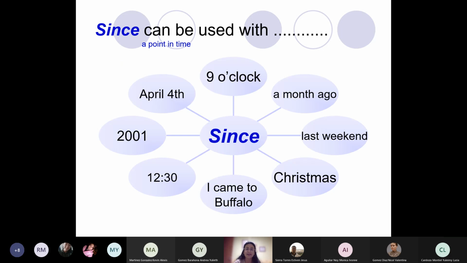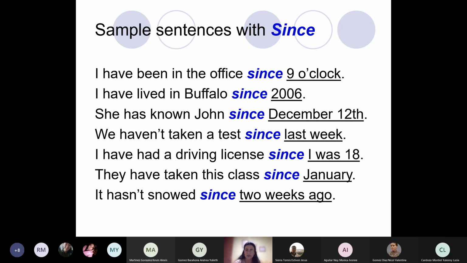For example, since 9 o'clock, since a month ago, since last weekend, since Christmas, since I came to Buffalo, since 12:30, since 1 p.m., since 2001, since April 4th. And here you have these examples that illustrate the present perfect with the time expression since.